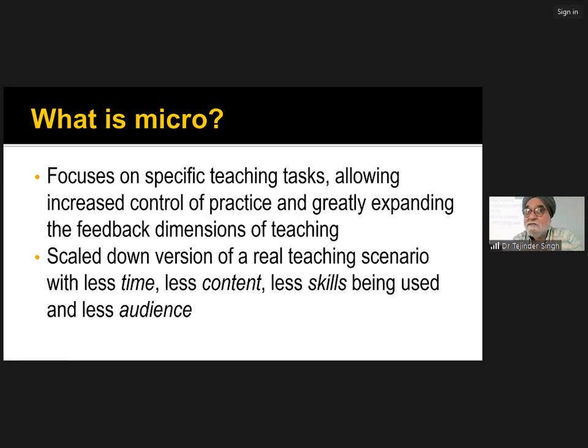And if you remember the talk on reflections that we had, I think 2 weeks ago, then feedback followed by reflection has been shown to have the greatest influence on the improvement of performance. And that is what microteaching actually exploits. So, feedback followed by reflections by the faculty concerned.